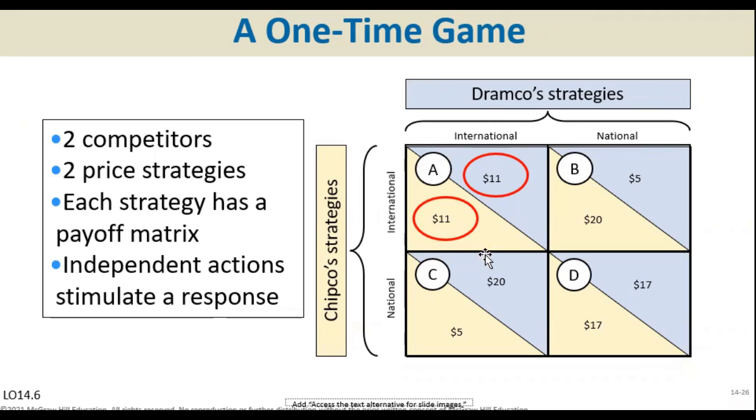the equilibrium will be at this cell A. Anything outside of this cell A cannot hold; they're going to keep strategizing until they get to this Nash equilibrium, which is where they're supposed to be.